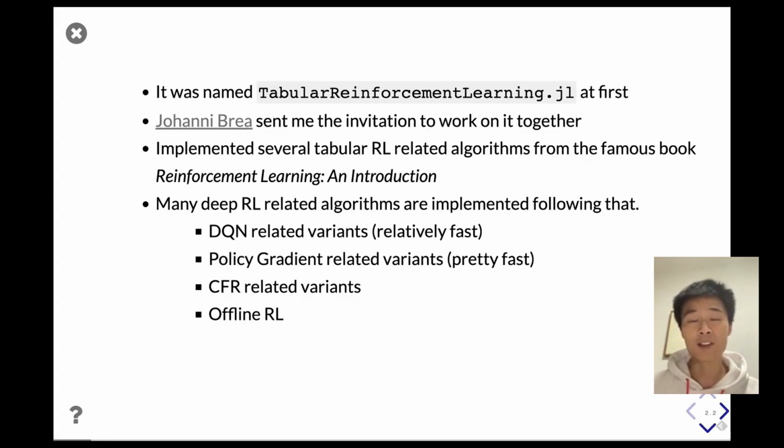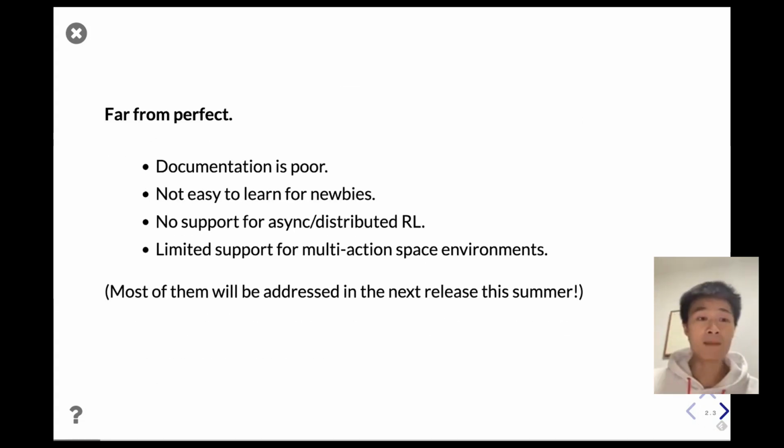So actually, this package is the result of many different contributors. Some highlights are that the DQN implementation is relatively fast compared with some other packages written in Python, and the PPO implementation is also pretty fast, at least based on my benchmark last year. However, I think it's far from perfect.